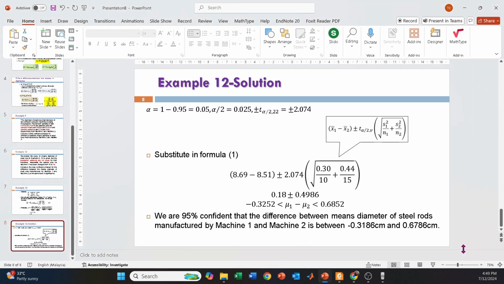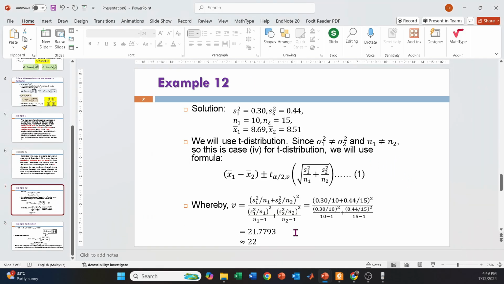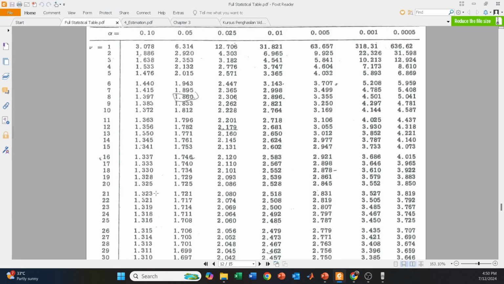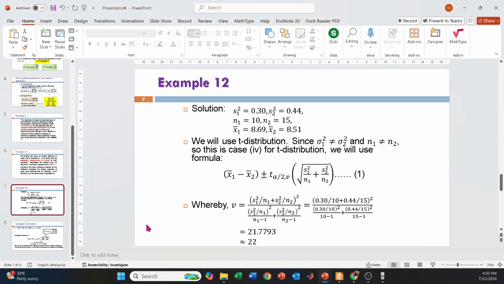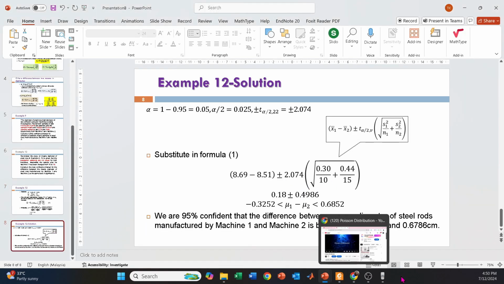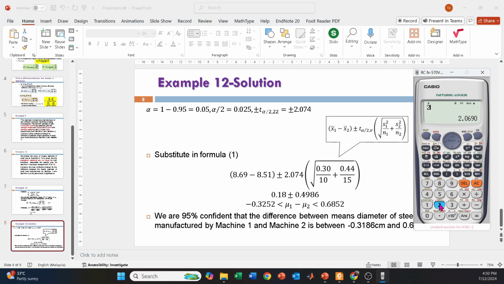Now because both population variances are not the same, we got to calculate nu using this formula. We get 22. So the value at alpha over 2 0.025 is 2.074. So I change the value to 2.074.